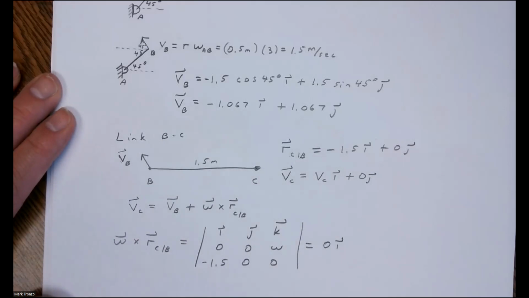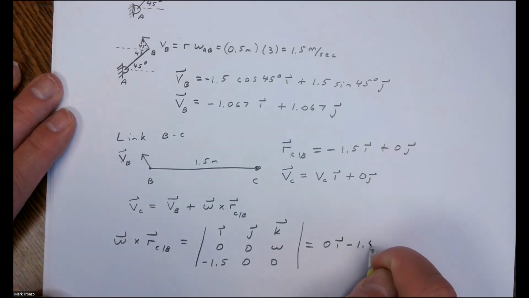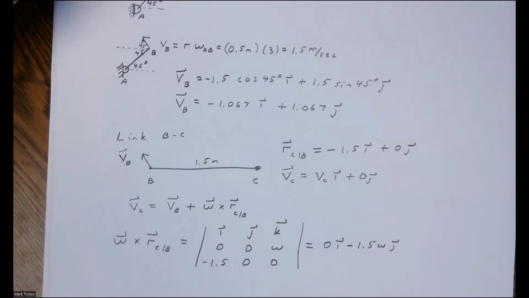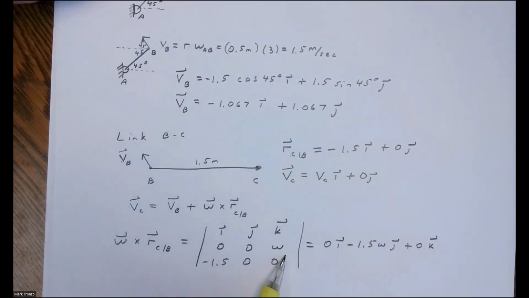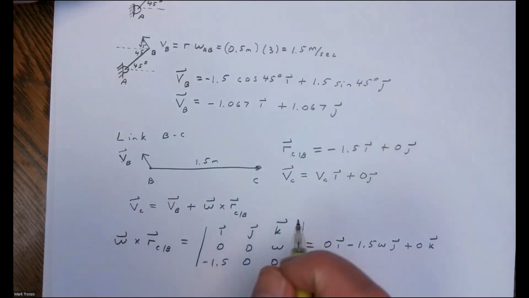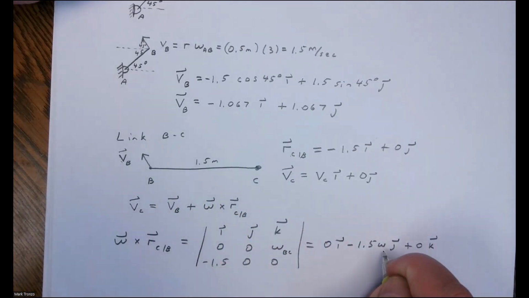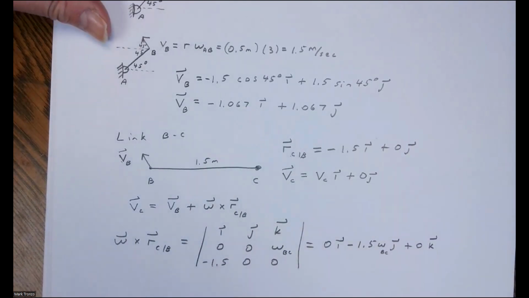So that looks like that's going to be negative 1.5 omega J, like this. And when we do the K term, that's also going to be 0. Now, I probably should put here that the link we're working with is BC, so we can call this omega BC, like this.